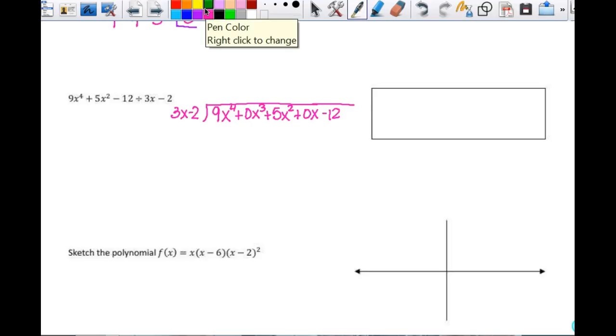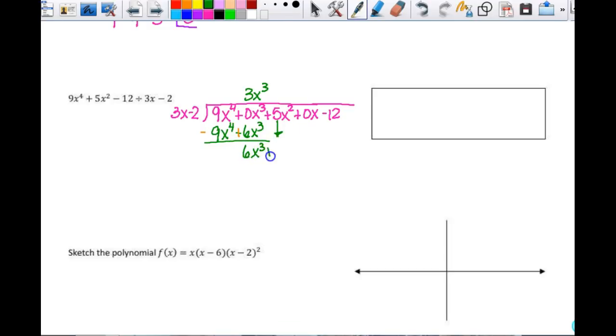Okay, so then I'm going to divide 3x into 9x to the 4th, which is going to give me 3x. This is 9x to the 4th minus 6x cubed. Go through there, change the signs. Those zero out, and I get 6x cubed. Bring this down.